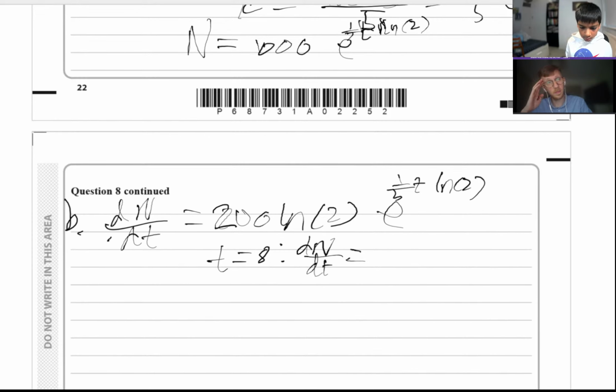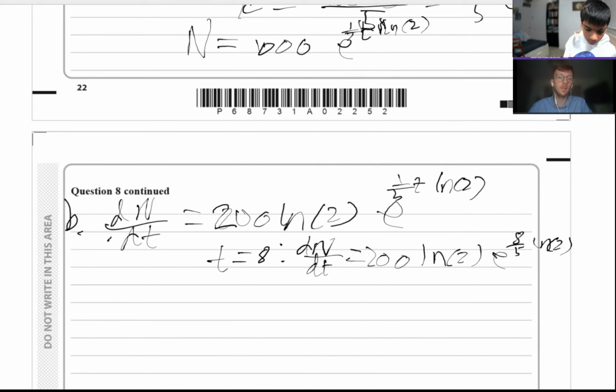That's 200 ln2 e to the power of 2. That is 202, and by 200 ln2 times e to the power of 8.